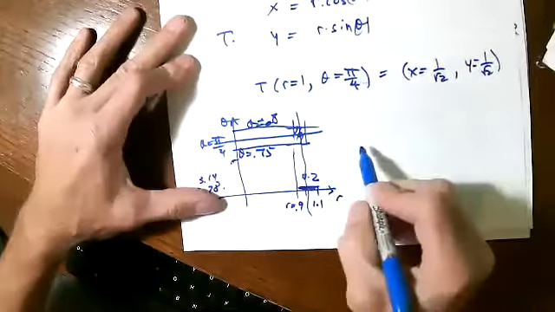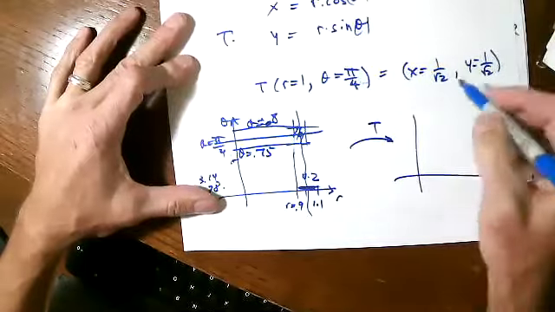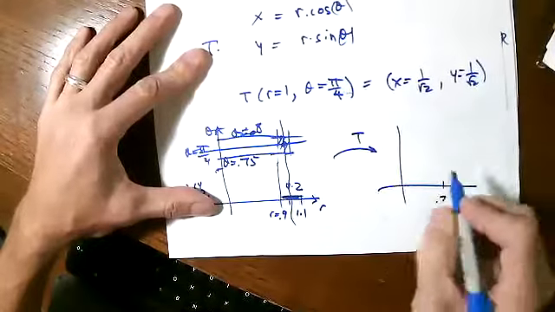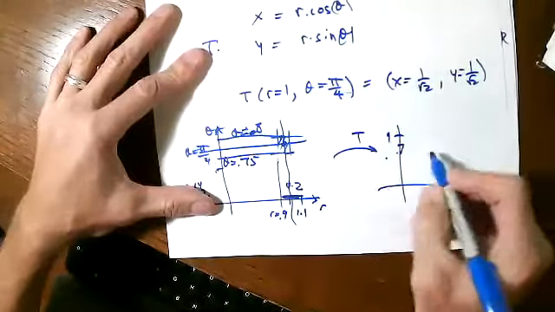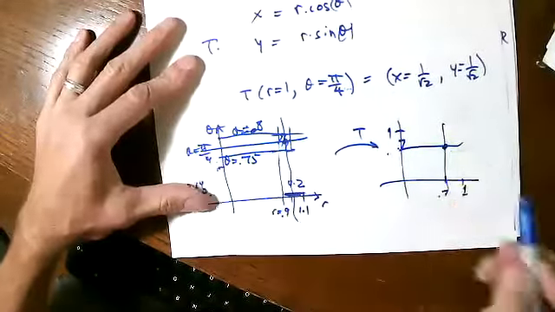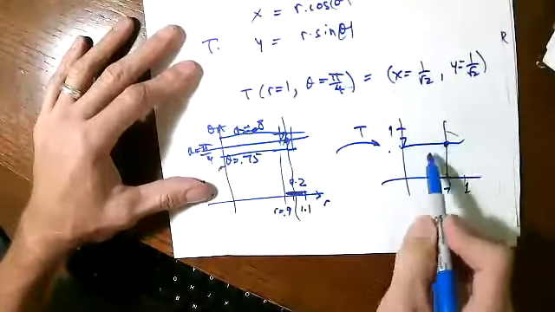When you apply the transformation T, you're going to get a point that's near this point. Here's 1 over root 2, which is about 0.7. Here's 1. Here's 0.7. So there's the point that this guy is being sent to. And this little rectangle will be sent to a region that's near here.